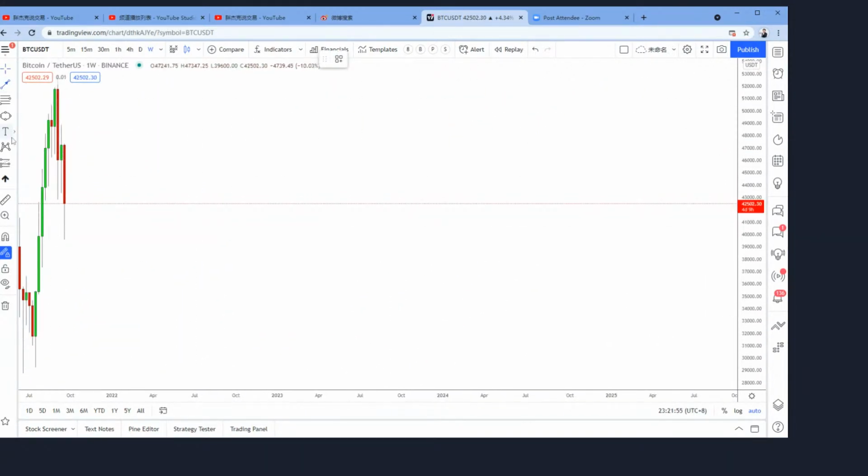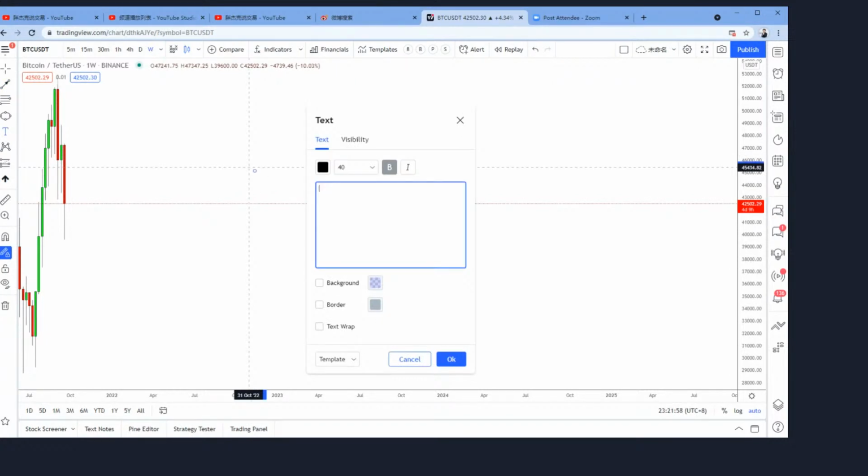All right. So in a bullish wave, we just divide the market into two types. Type A will be bullish dominating.